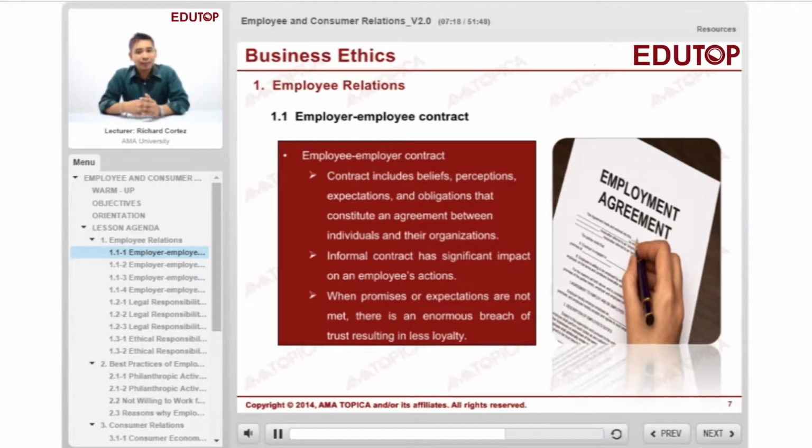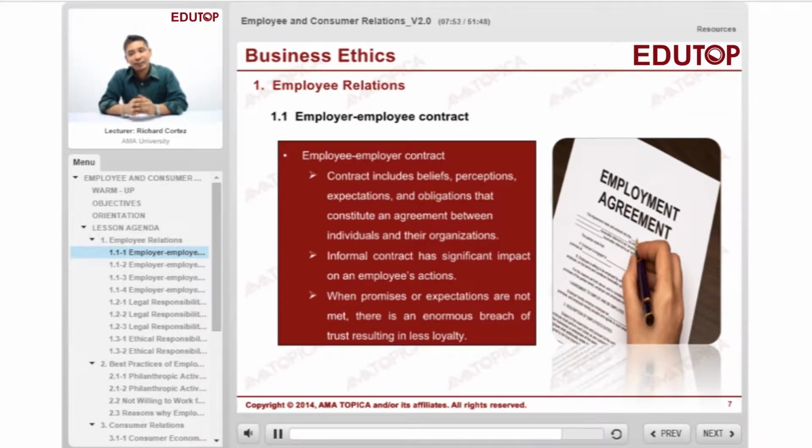If you sign the contract, it means the employer trusts the employee, and the employee will become at least somehow loyal to the employer. So it is written in the contract that if trust is breached, there is a remedy to be given to the party who suffered or who violated the provisions of the contract in the employer and employee agreement.